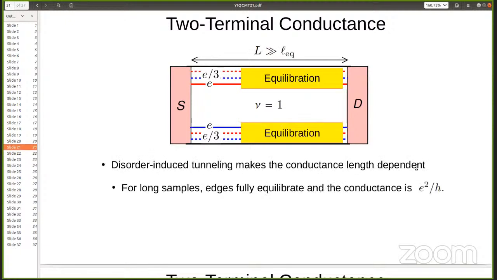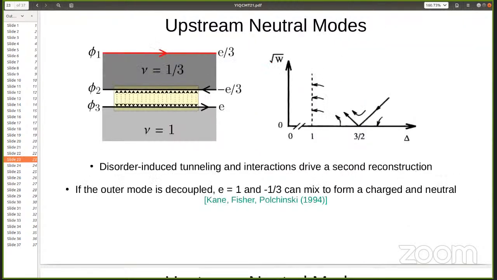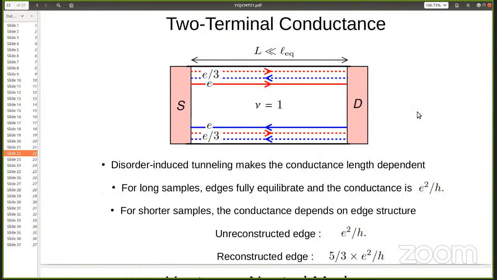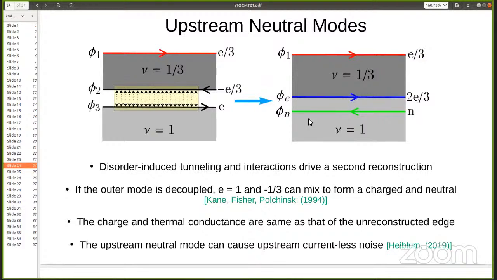If you believe this, then you can study the transport properties of this edge structure, and make some further analysis to show that the structure of the edge would have 3 modes: an outermost E/3, a 2E/3, and an upstream neutral.